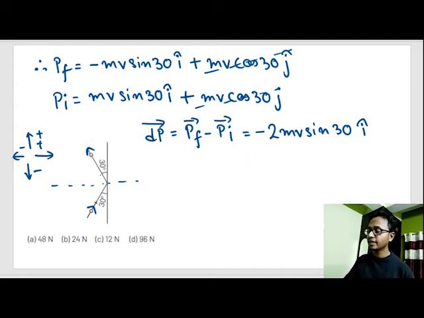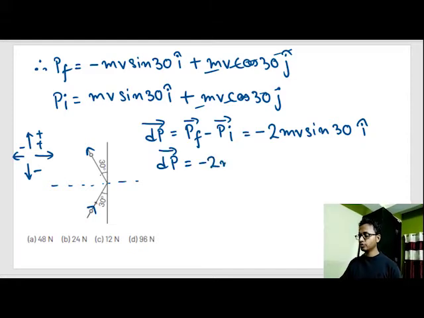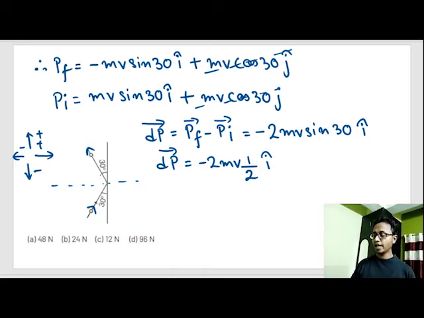Sin 30 is nothing but 1 by 2, so dp is minus 2 mv sin 30, and the change in momentum takes place in the i direction, the x axis. These two get cut, so dp is equal to minus mv.